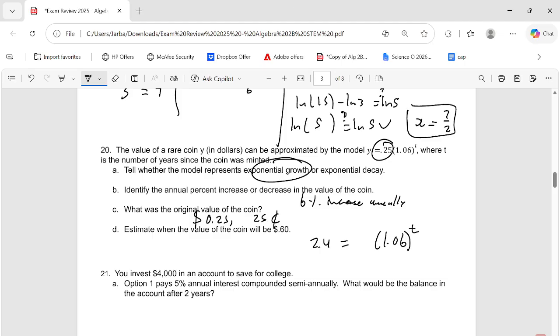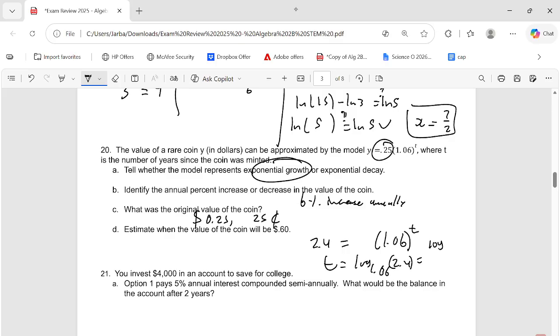Now I can take the log base 1.06 of both sides. So I get t equals log base 1.06 of 2.4. Now for a lot of calculators, you can't just evaluate with that kind of base.